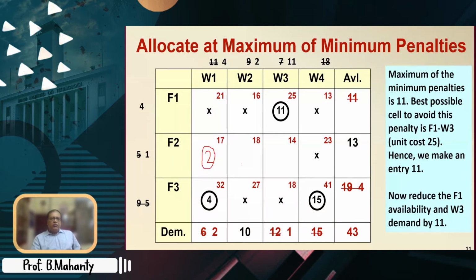All right, now this F2 W2, how much do we have to enter? Tell me the value that must go here, because we have 13 available row wise and 10 available column wise, so only 10 can be entered here. So after entering these 10, where is the cursor?